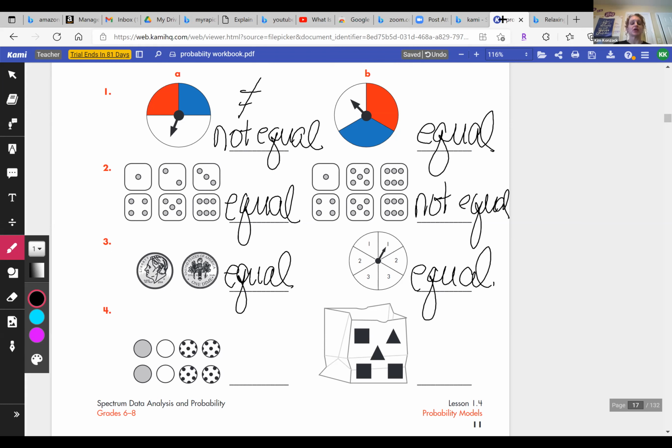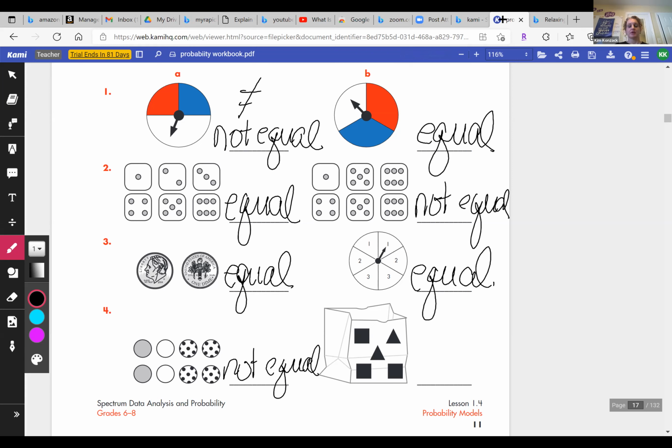Are we doing okay? So let's take a look at number 4. We have a shaded in circle, and then we have the open circles and dotted circles. So here there's a lot more dotted circles than there are the other kinds. So this would be not equal.